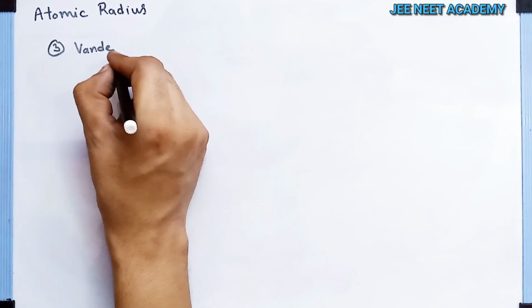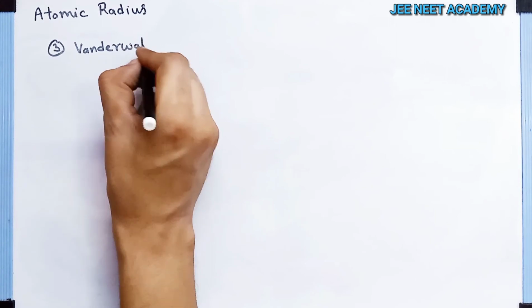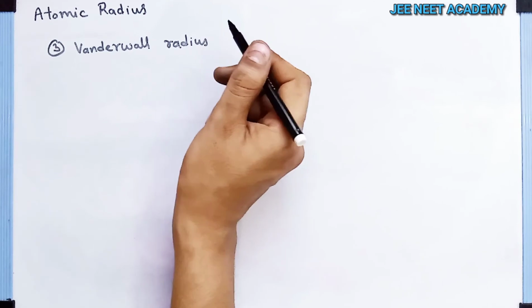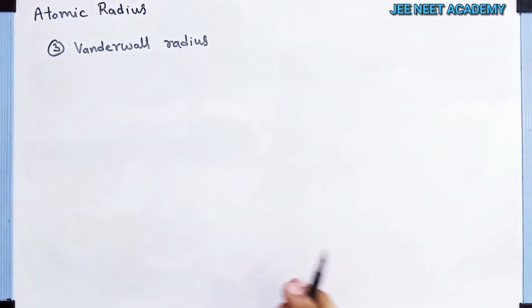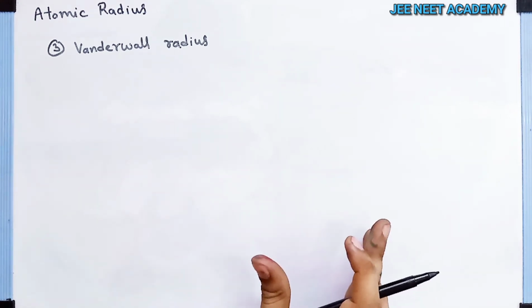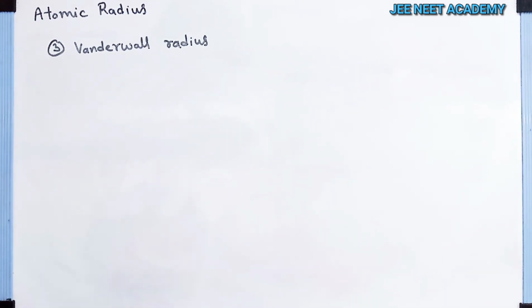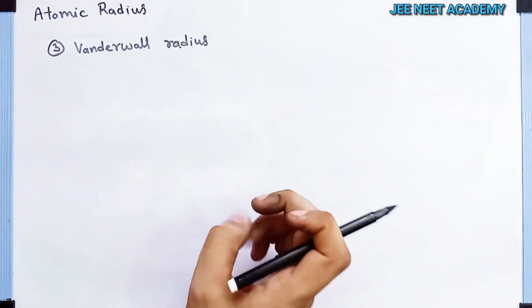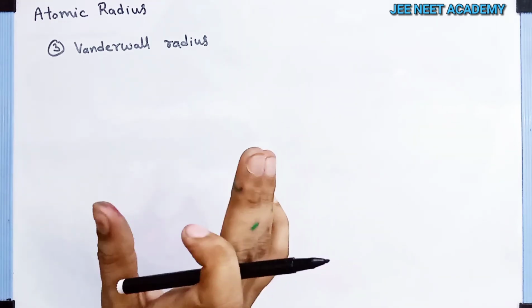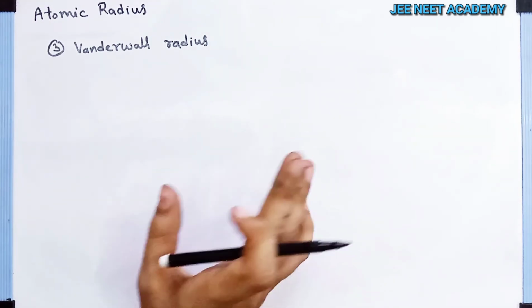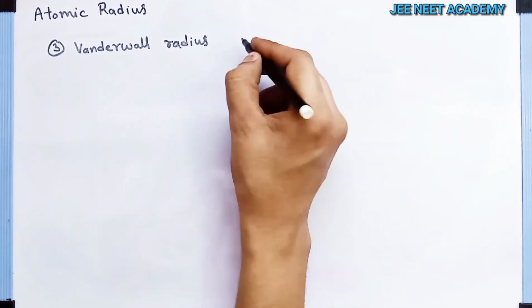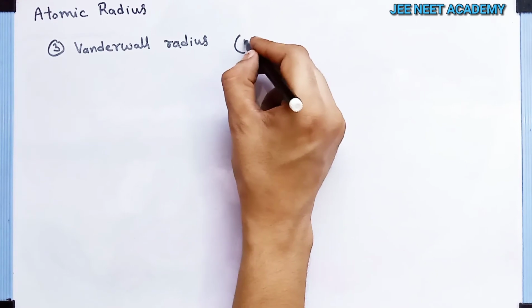Third, when gases are present in liquid form, the atoms are attracted to the other atoms with van der Waals forces, and the radius we calculate in the liquid form of gases is called the van der Waals radius, and this is calculated between the molecules.